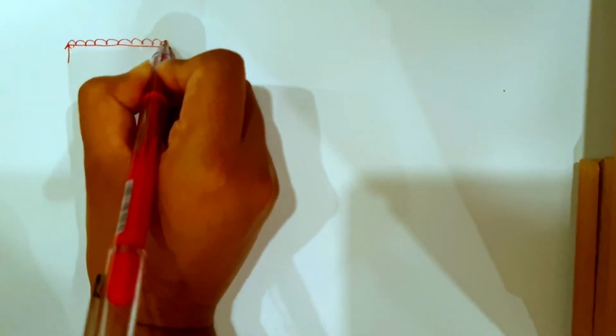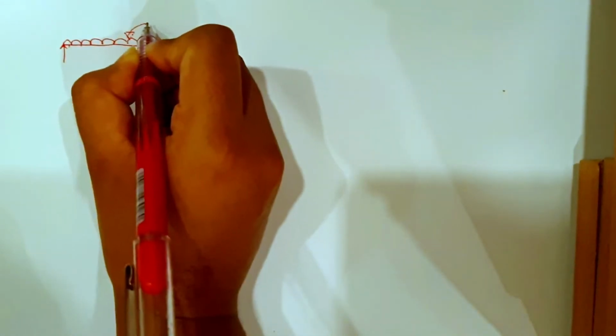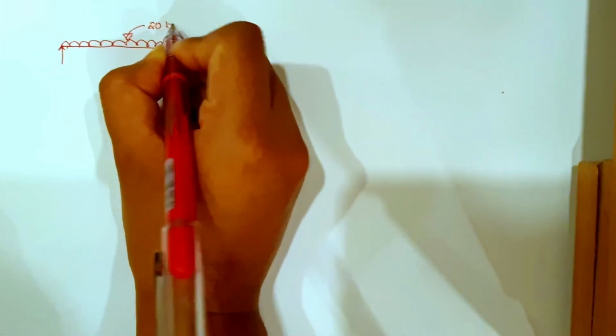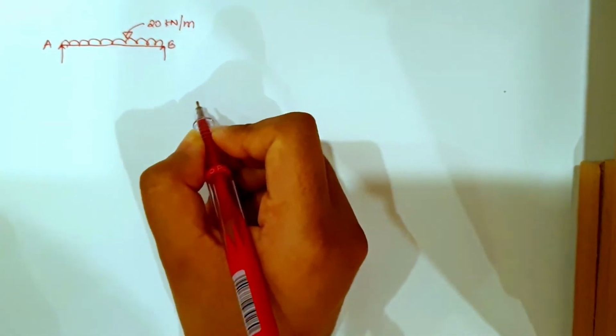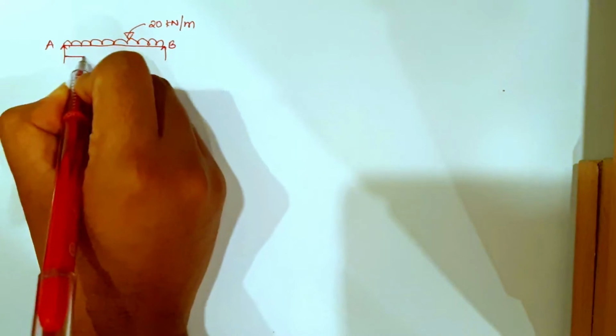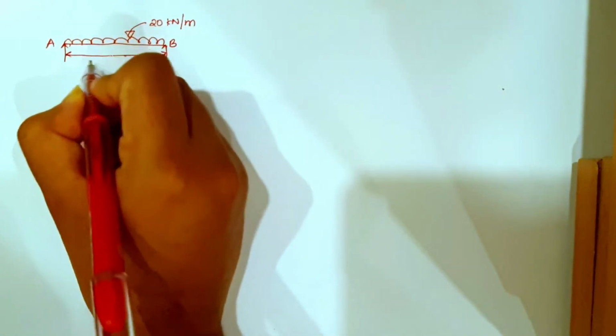Now let us solve the second numerical. It says it is a beam and it carries a UDL of 20 kN per meter. It is a simply supported beam carrying a UDL of 20 kN per meter. Let this be A and B. The span of this beam is 8 meters.